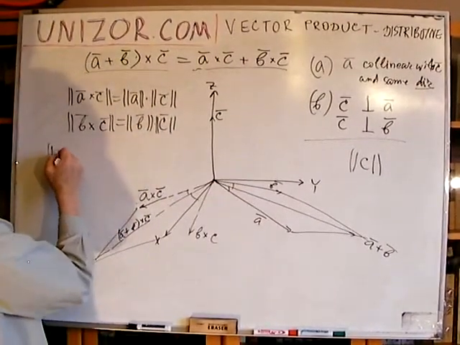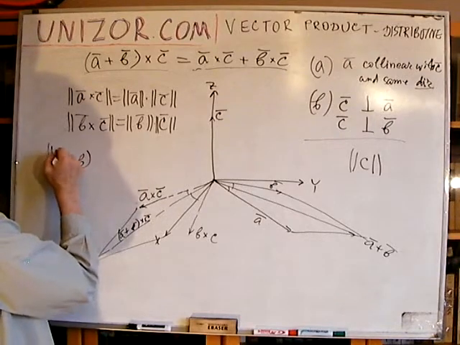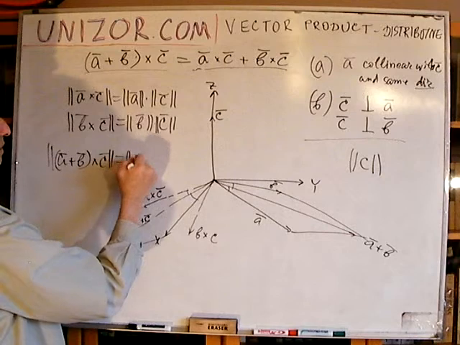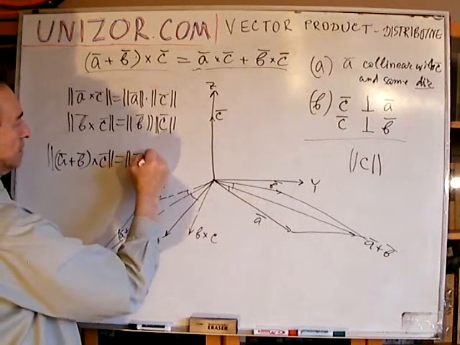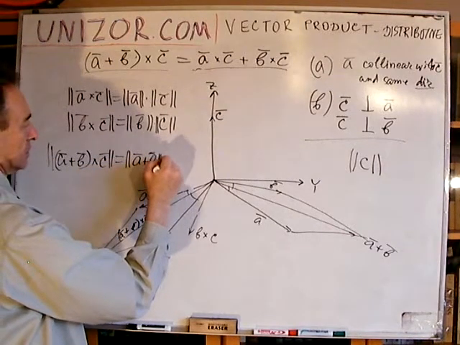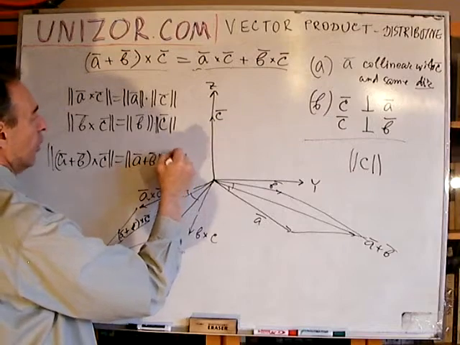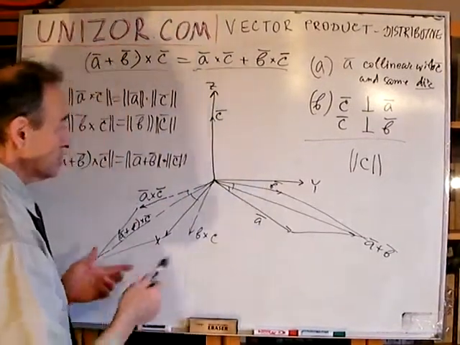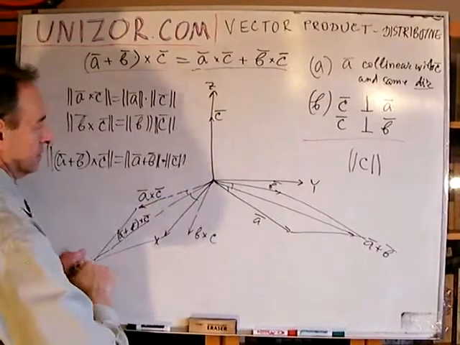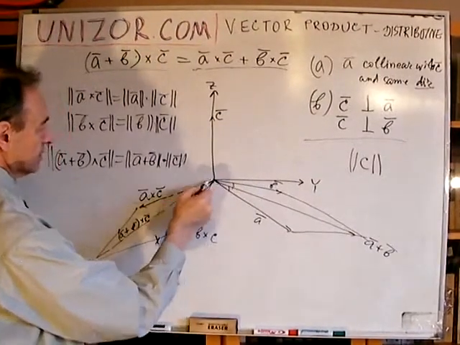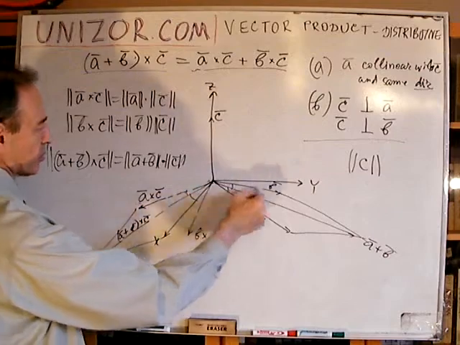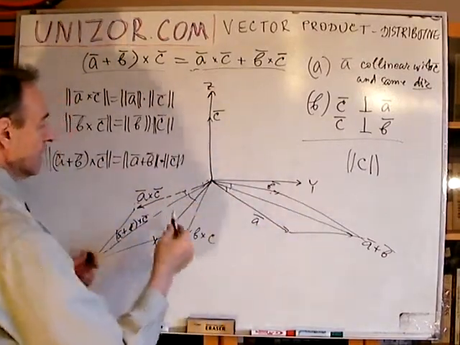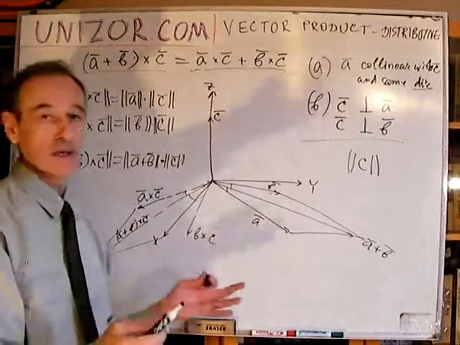And finally, A plus B times C would be the length of A plus B times the length of C. So all lengths are scaled by a factor of the length of C, which means in every triangle, this angle is equal to this angle, this side is proportional to this side by the factor of C, and this side is proportional to this. So all the angles, everything is exactly proportional.